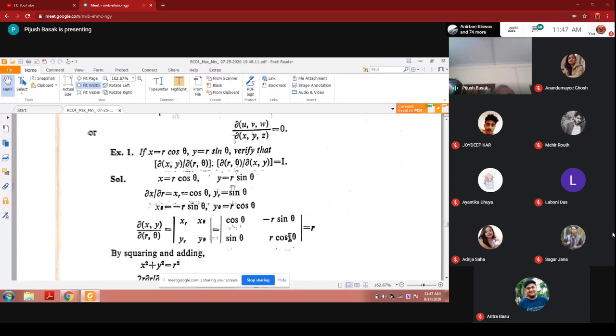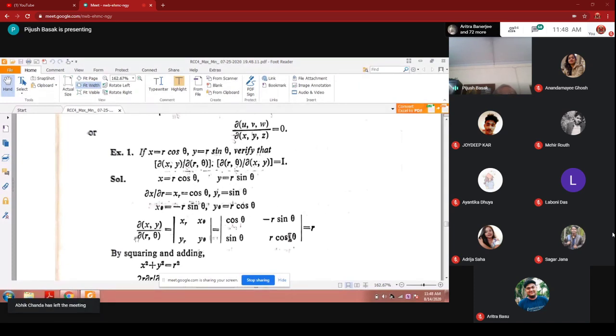Similarly, x theta, if you partially differentiate x with respect to theta, is minus r sin theta, and differentiating y partially with respect to theta, it is r cos theta.